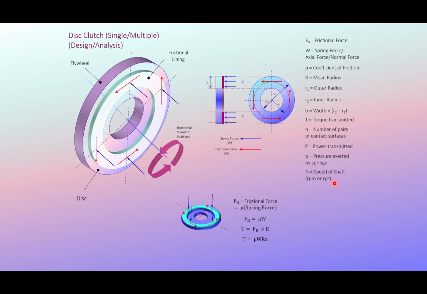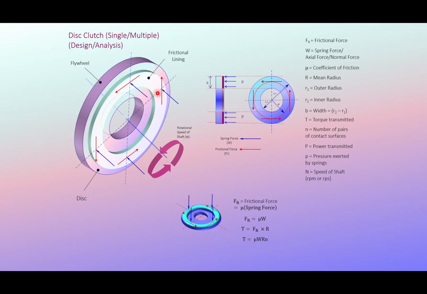Now, when you refer to this diagram here, this would be your frictional lining. So when another plate comes into contact with this lining, let's say the pressure plate presses onto this surface here.